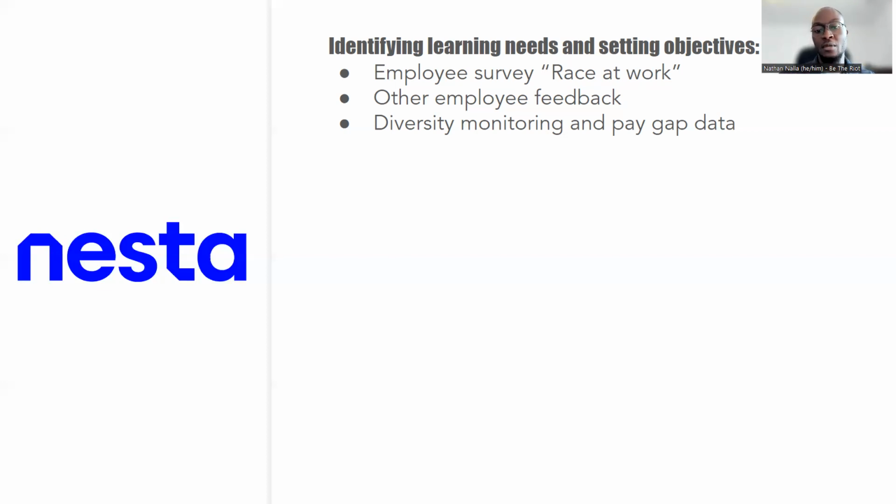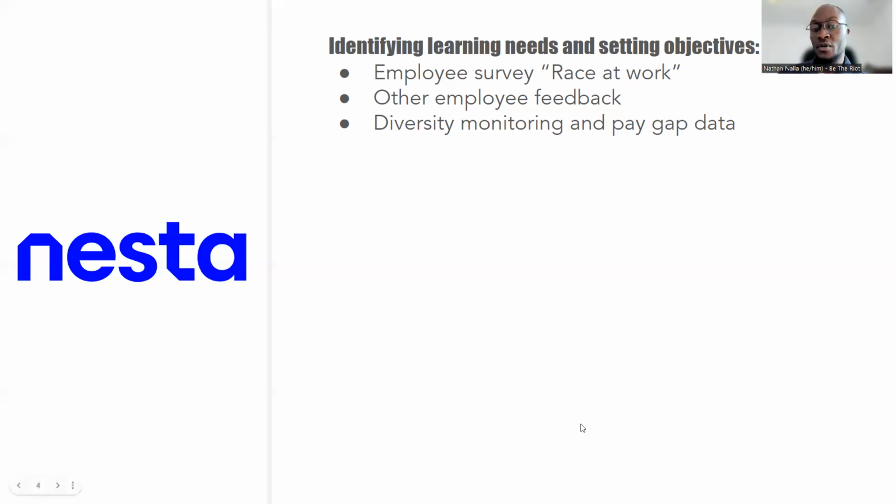Some focused on policy and process changes, which we won't get into, and others focused on learning, such as raising awareness about workplace challenges related to race and ethnicity, helping employees become confident speaking about workplace issues relating to race and ethnicity, giving employees tools for both recognizing and responding to microaggressions, and giving employees specific practical actions that they can take to proactively be anti-racist rather than simply not racist, and having a meaningful impact on workplace culture.